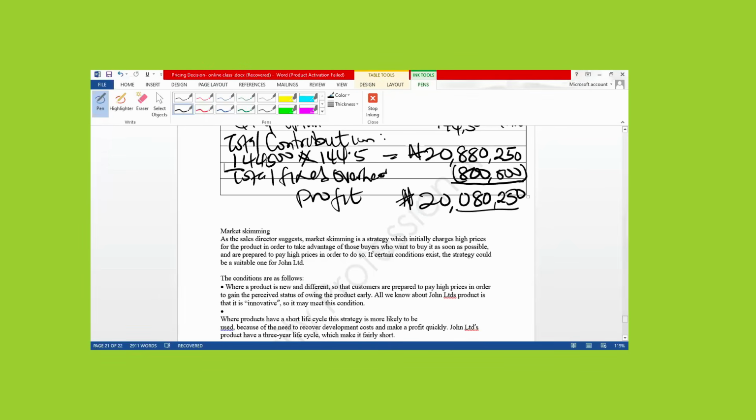If certain conditions exist, this strategy could be suitable for John. What are these conditions? When a product is new and different, so that customers are prepared to pay high prices to gain the prestige of owning the product early.